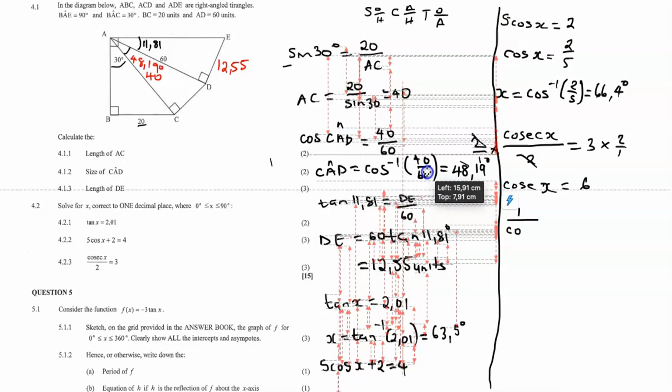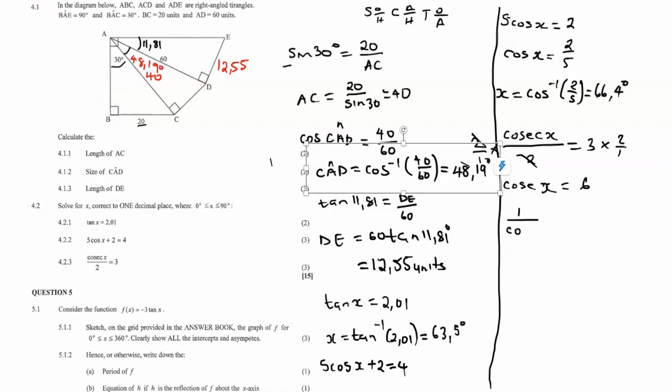So let's rather use sine there. Let me erase this. So here we've got 1 over sine x equals 6, and then this is over 1.